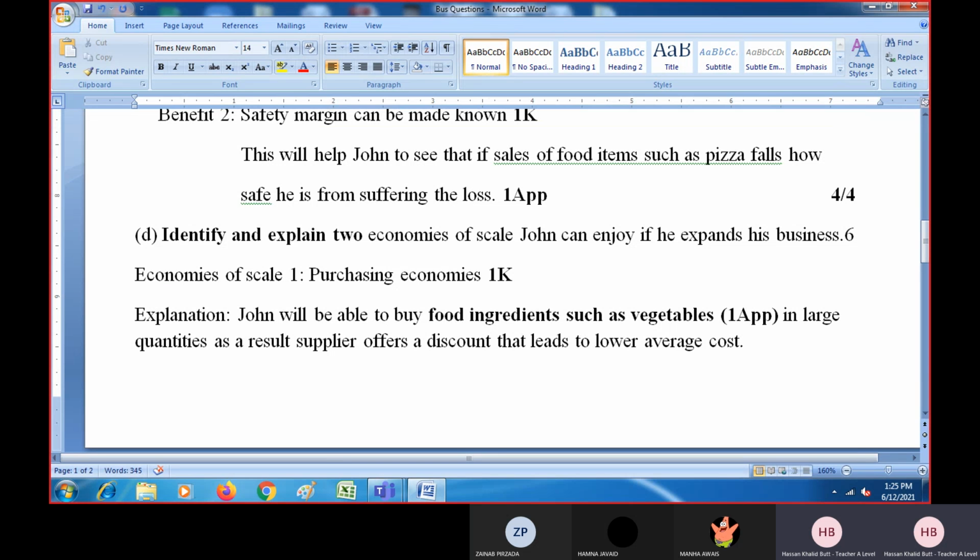As a result, the supplier offers a discount that leads to lower average cost. So this is analysis. I actually gave the reason for how purchasing economies can lead to lower average cost, or how John will be able to achieve that economy of scale. So I'll get 1 more mark for the analysis. How many marks have I got up till now?